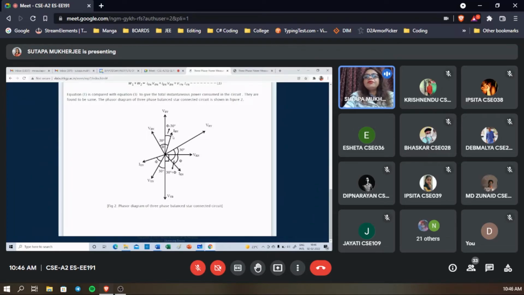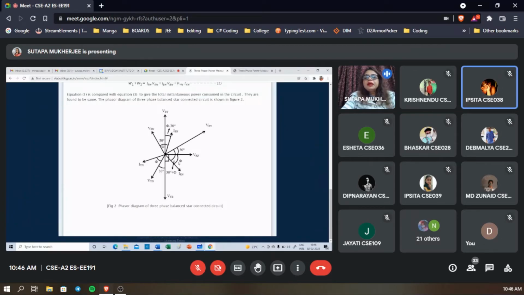This is away from the resultant, which means this will be 30 minus phi. If you consider the power, then it is 30 degree, and this is total phi. So it will be 30 minus phi, because phi is greater than 30.